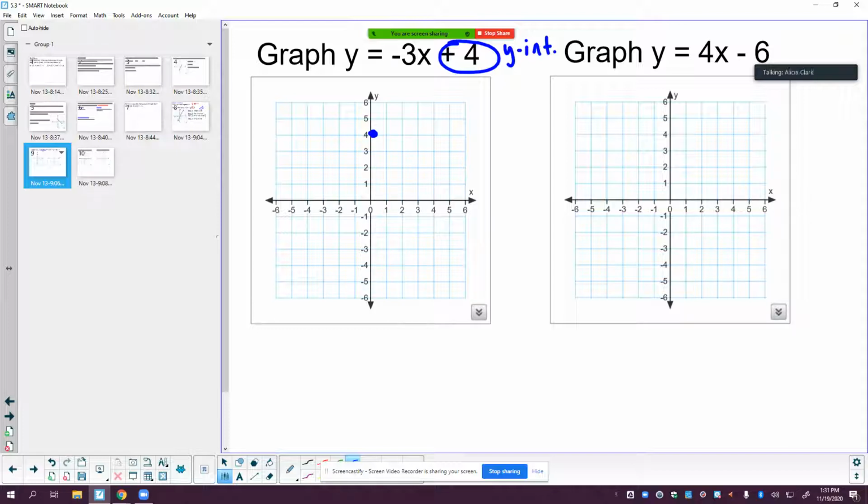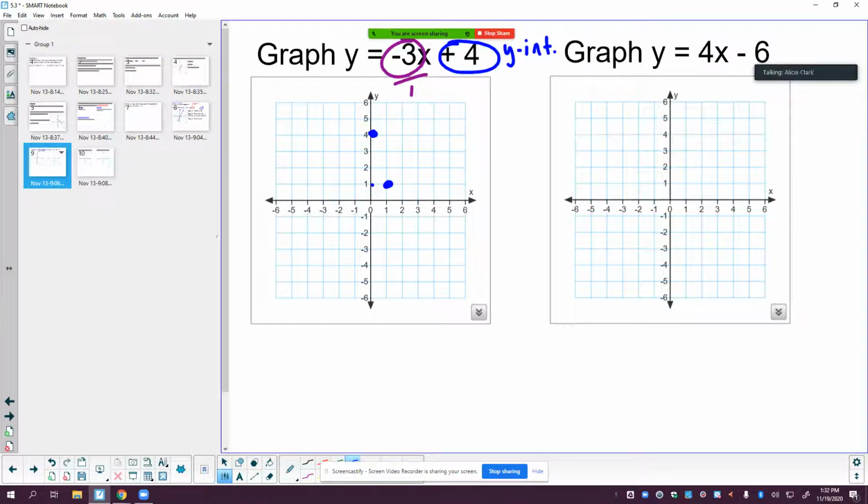My slope is the number that's in front of x, so -3. I need it to be a fraction so I can do my rise over run, so it's going to be -3 over 1. If it's a negative, that means that I'm moving down. So I'm going to go down 3 places, 1, 2, 3, and then to the right 1 place, and put a point right here.